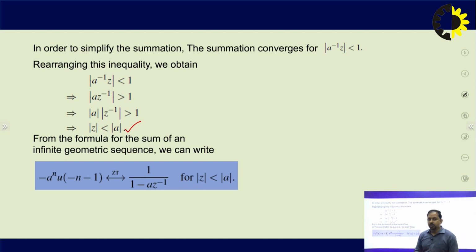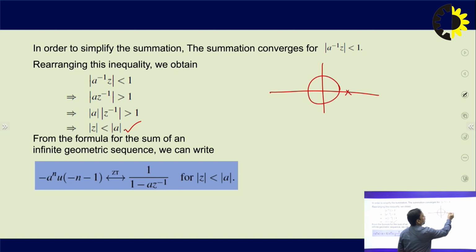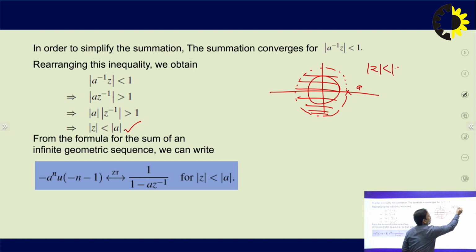So again, if we assume that a is greater than 1, a definitely will be lying here and will be making a circle, and the region which we need to shade is inside, because we have mod z less than mod of a. This is called the ROC.